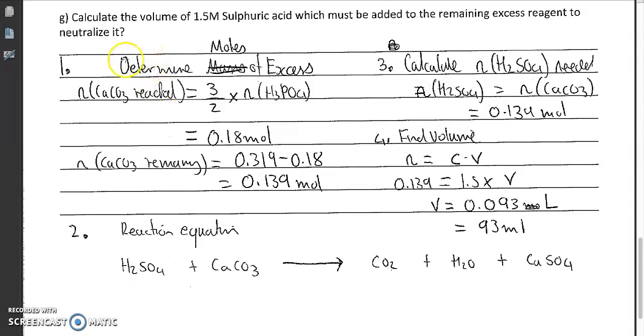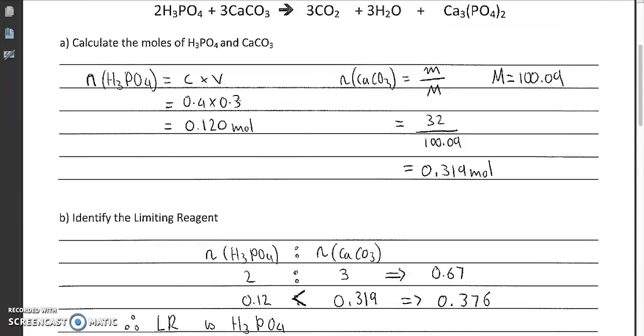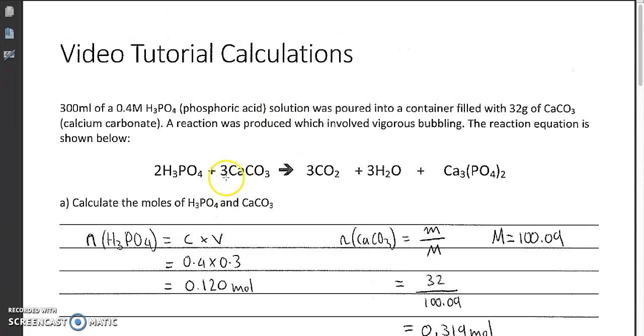So the first thing you need to do is determine the moles of the excess reagent. The way to do that is to use the previous reaction equation and look at the reaction coefficients. So let's do that. In this reaction, 3 moles of calcium carbonate are required to react with 2 moles of phosphoric acid, which means that you should determine the amount of calcium carbonate that's reacted.